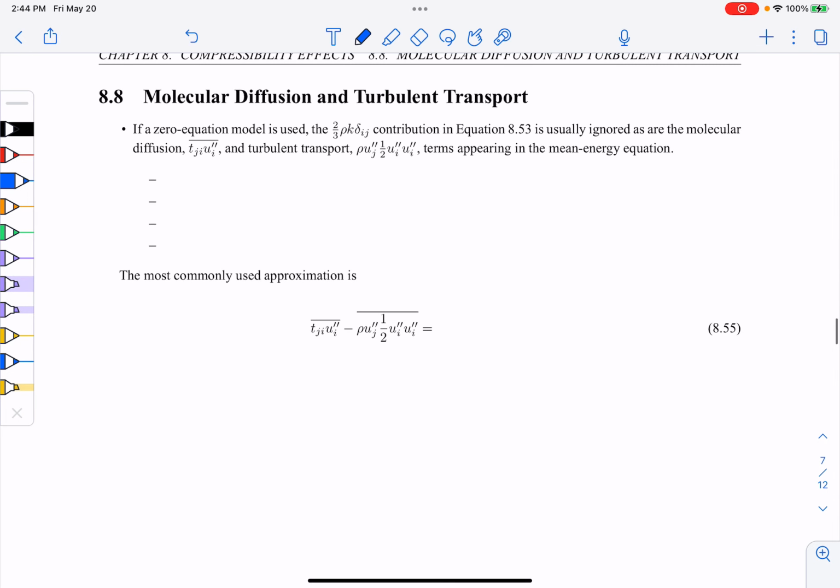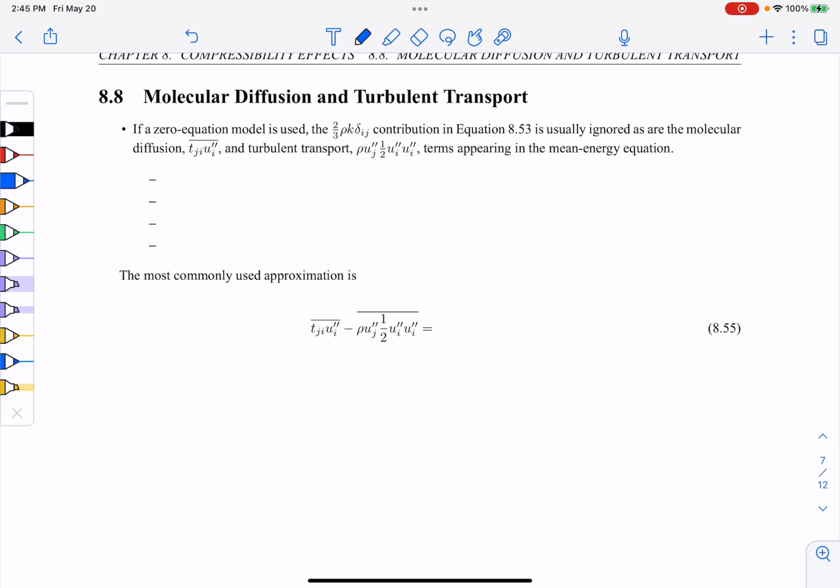Well, if a zero equation model is used, then we have a term 2/3 rho k Kronecker delta that will contribute to equation 8.53, and that can often be ignored, as can the molecular diffusion stress times ui double prime, or turbulent transport, which appear in the mean energy equation.